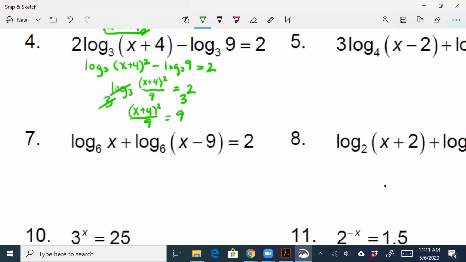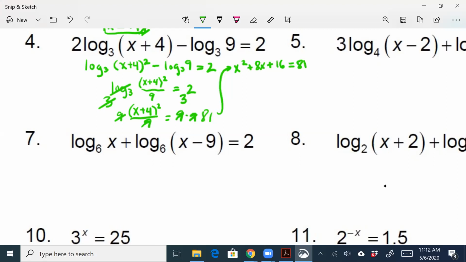Then I'm going to multiply by 9 to get rid of this 9 down here. And that gives us 81 on the right. Then we're going to expand that x plus 4 squared, so it becomes x squared plus 4 times x, 4x doubled is 8x, and 4 squared is 16.